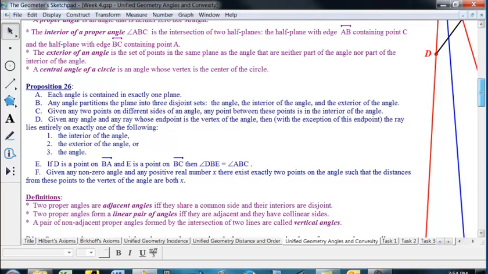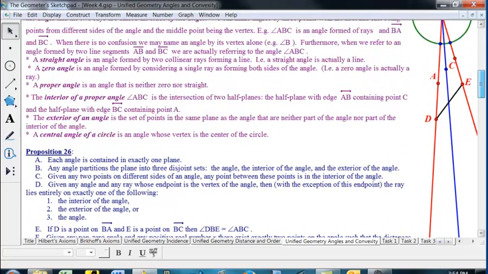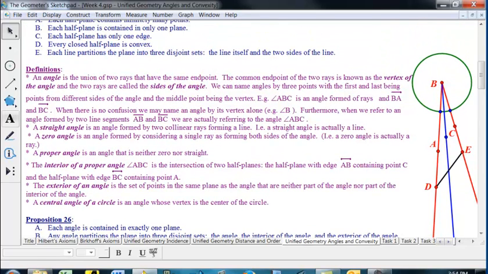Two proper angles are adjacent angles if and only if they share a common side and their interiors are disjoint. Let me give another name here. There's point F. This is a Euclidean illustration. Angle EBF is adjacent to angle FBA.